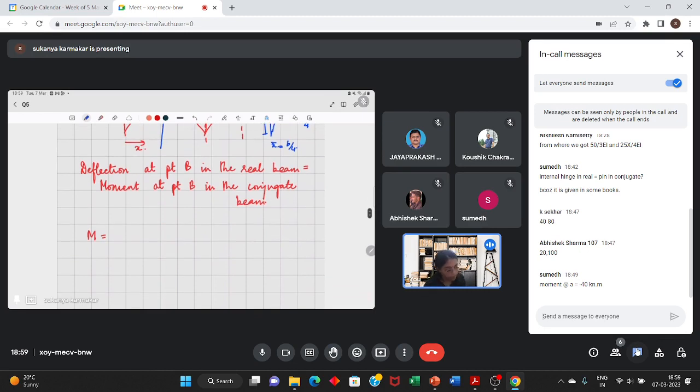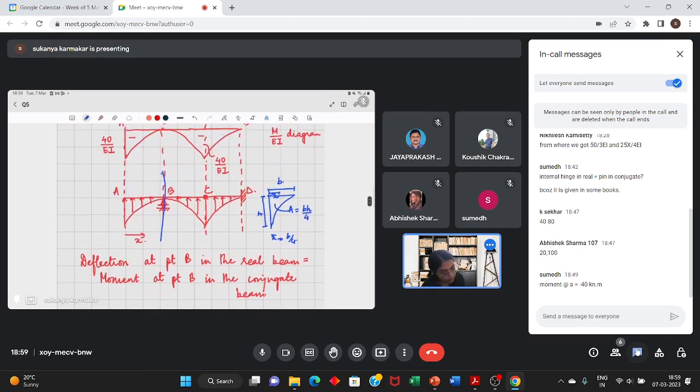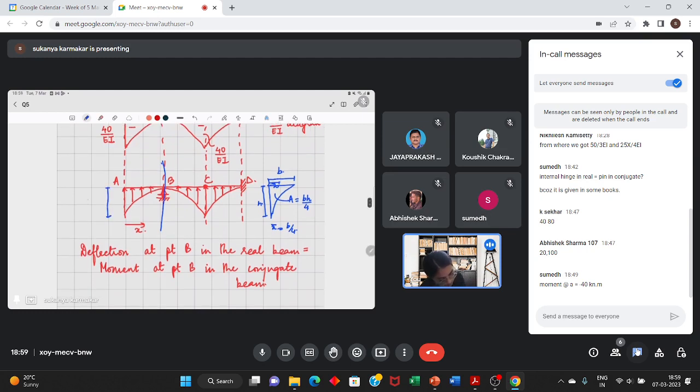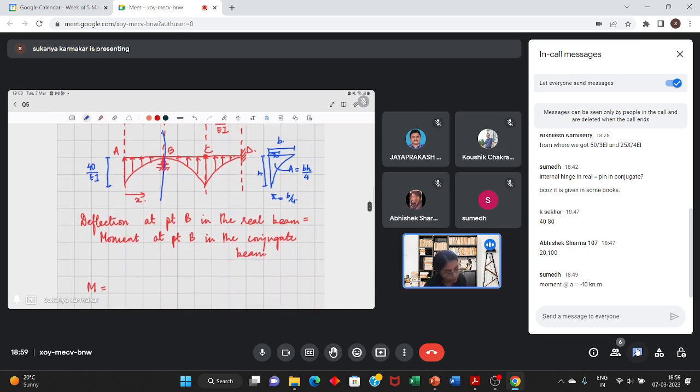Okay, so what will be the moment at B? How much is this height? This height is 40 by EI. So the moment will be BH by 4.